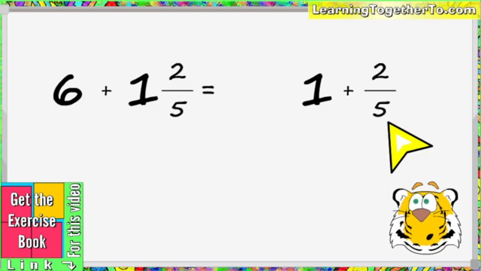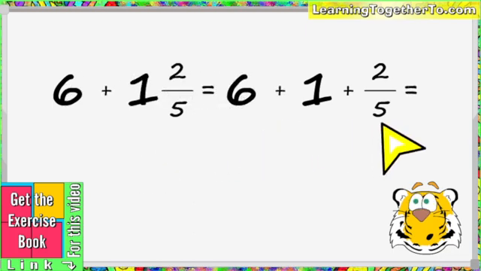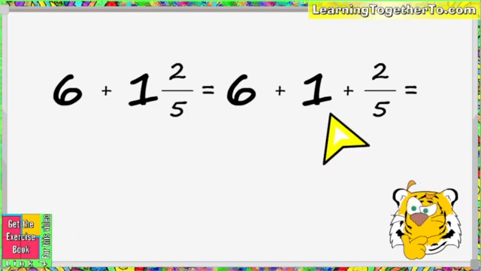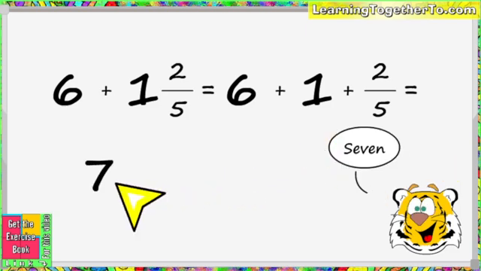Tim, let's remember the 6. So what we actually have is 6 plus 1 plus 2/5. Now let's add the whole numbers. 6 plus 1 is equal to 7. Nice job, Tim.